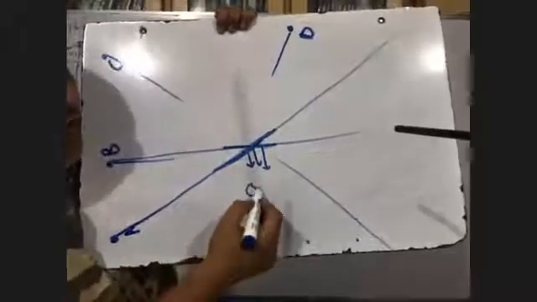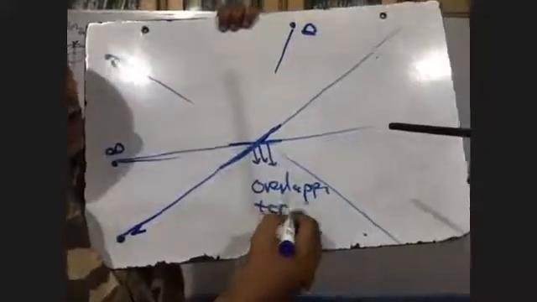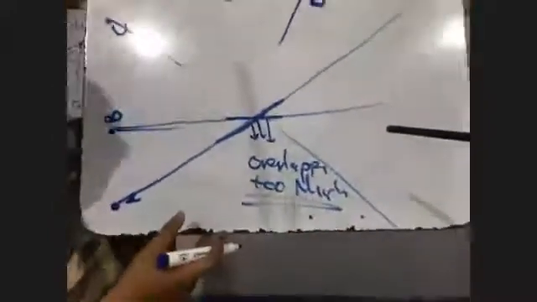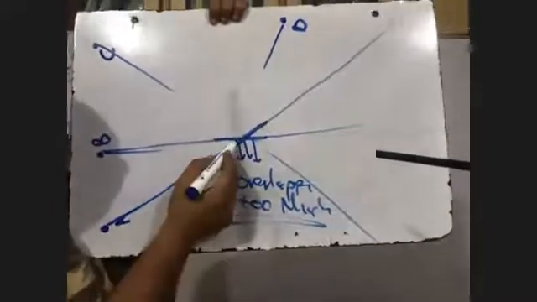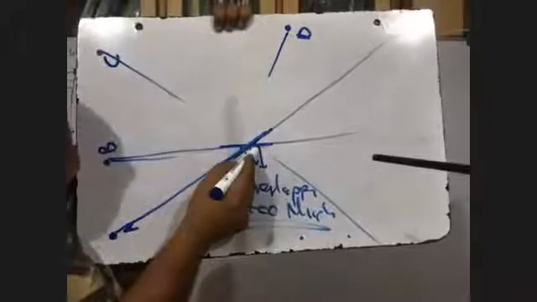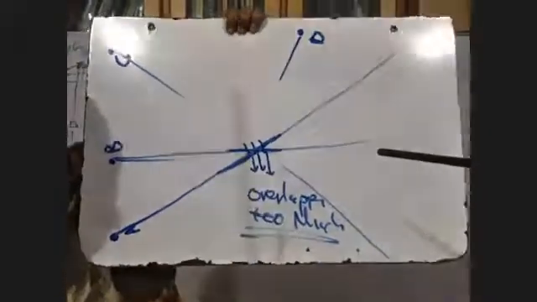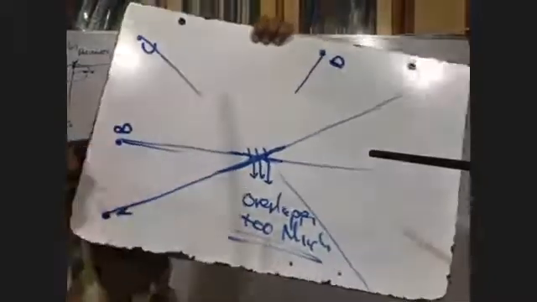They are overlapping too much. I can't be accurate. All right. 2 to 3 different points overlapping. 1, 2, 3. That's because they are too close to one another.